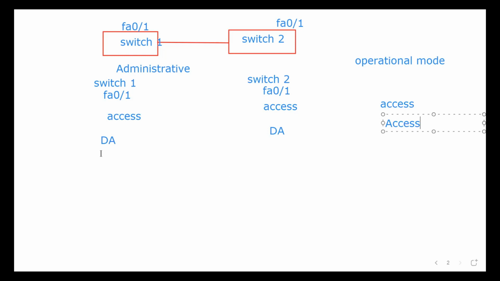Then if switch 1 is in dynamic auto mode and the second switch is in trunk mode, what will the operational mode be? Trunk.